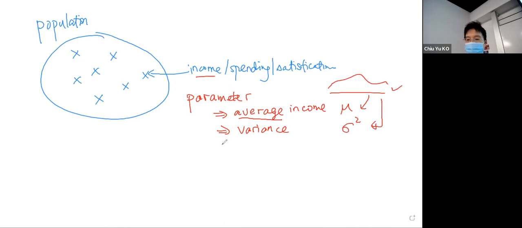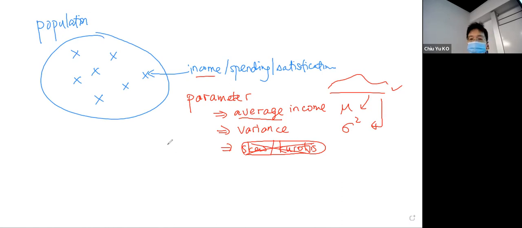You might also care about skewness and kurtosis, but in our class we are not going to talk about this. We focus on mean and variance, and the way to find them is through estimation, which we cover in this class.